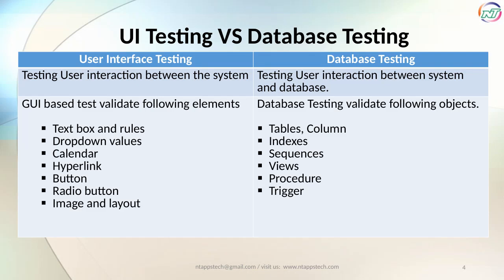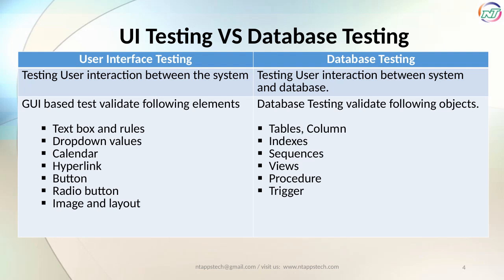User interface testing focuses on how users interact with the system's front end. It checks elements like text boxes, drop-down menus, calendars, hyperlinks, buttons, radio buttons, images, and overall layout to ensure they work correctly and are user-friendly. On the other hand, database testing examines the interaction between the system and the database itself. This includes verifying database objects such as tables, columns, indexes, sequences, views, stored procedures, and triggers.